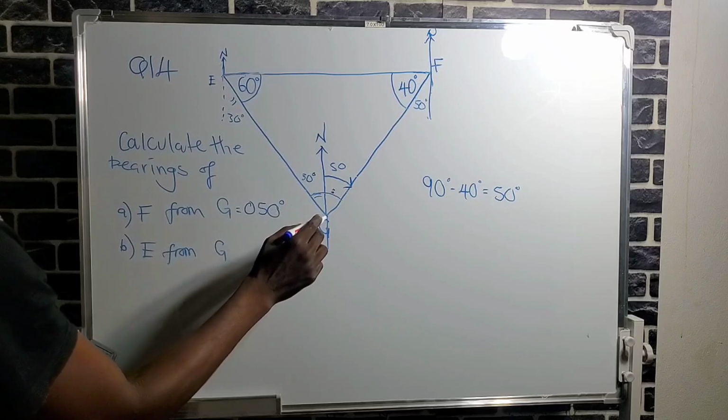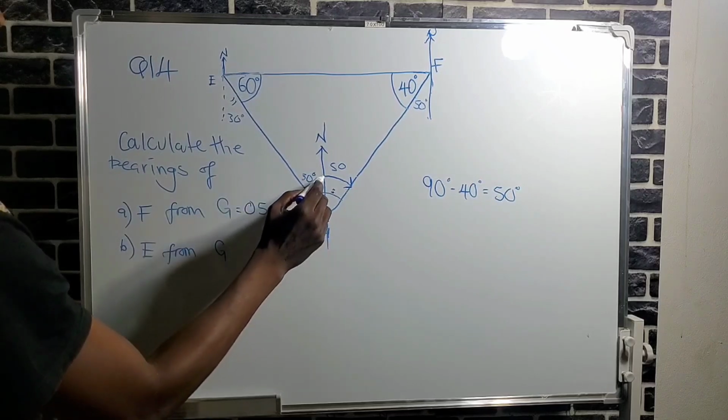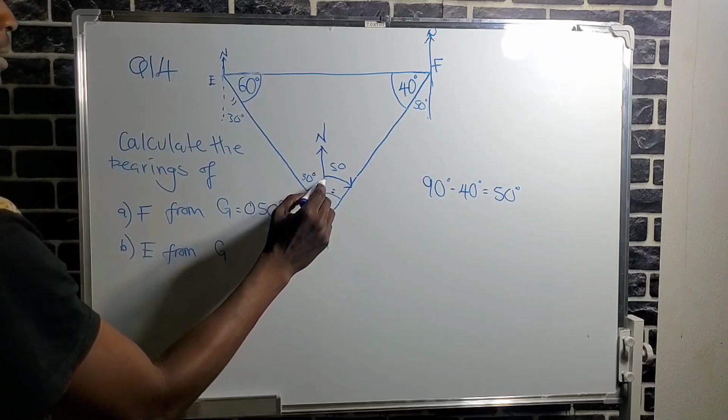Nice. Next, E from G. So from G, this is the north.